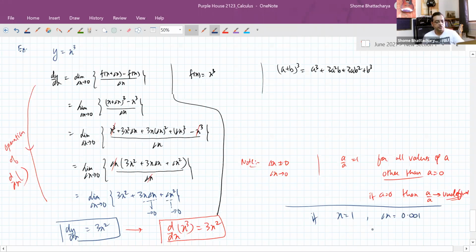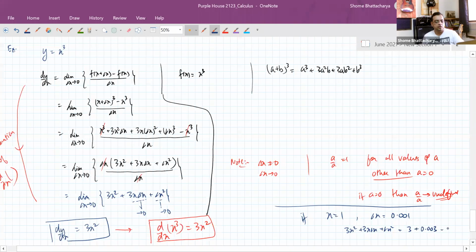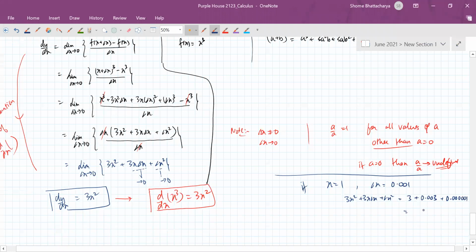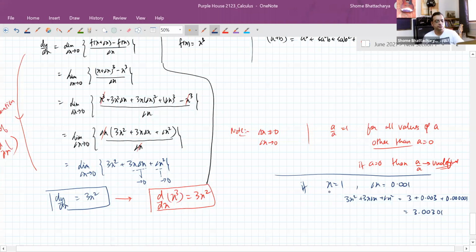That term 3x square plus 3x delta x plus delta x square will become 3 plus 0.003 plus 0.000001. So it will become 3.00301. This term will become this much.